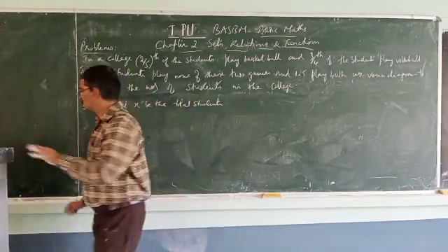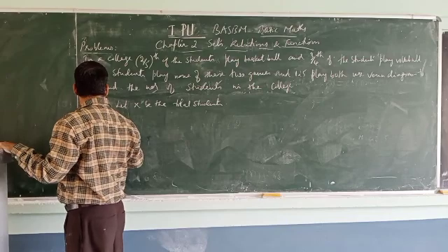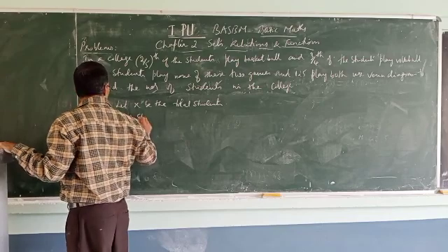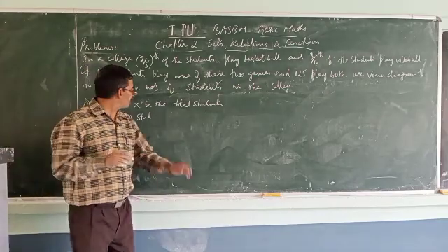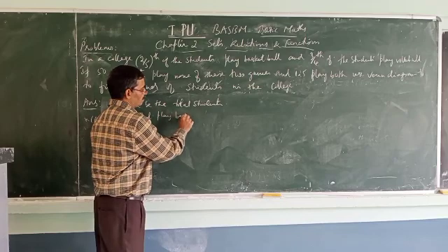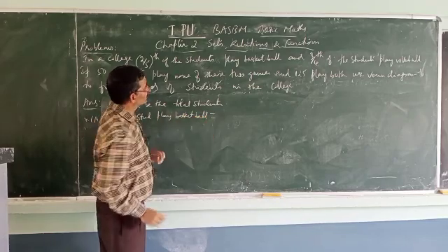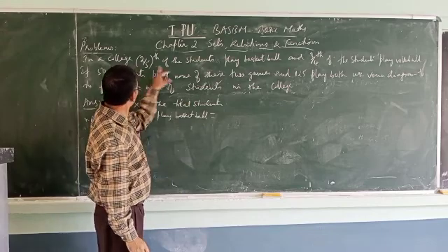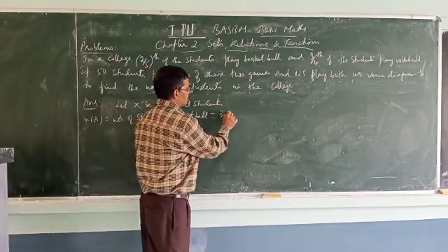Now n(A), the number of students who play basketball, is given as 2/5 of the total students, that is 2 by 5 into x.